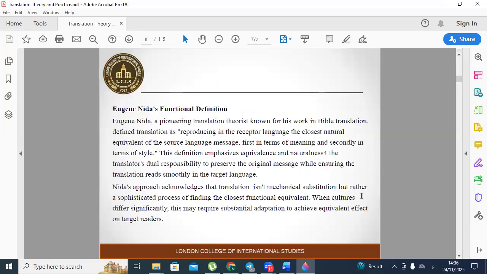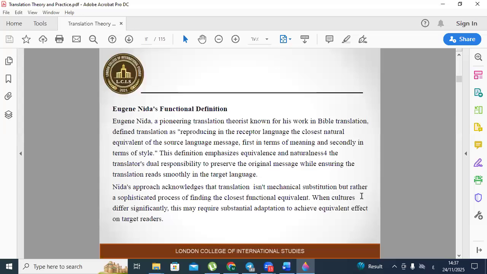Eugene Nida's functional definition. Eugene Nida, a pioneering translation theorist known for his work in Bible translation, defined translation as reproducing in the receptor language the closest natural equivalent of the source language message, first in terms of meaning, and secondly in terms of style.